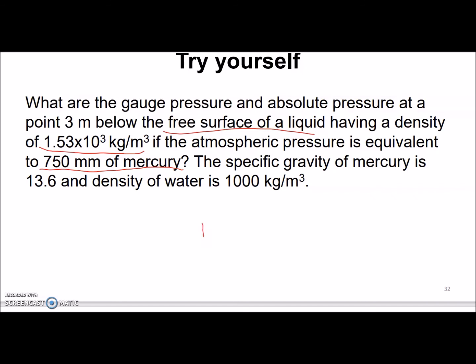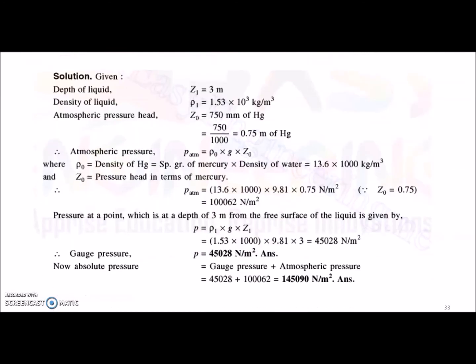Okay, the question can be drawn like this. We have 3 meter below the water surface, so the H is 3 meter. We need to find the gauge pressure and also the absolute pressure. Z here is actually H, and the density is given. This is the atmospheric pressure. We need to convert millimeter to meter, and we get 0.75.